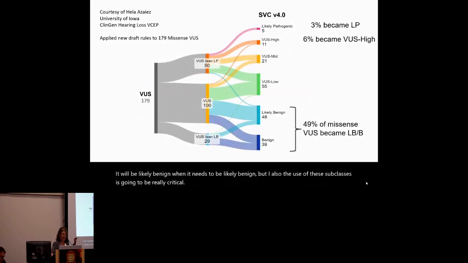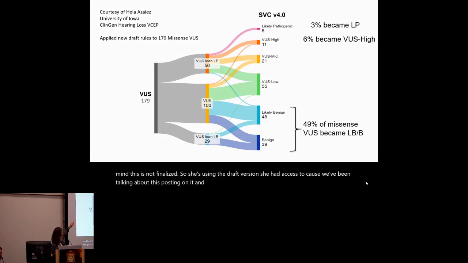And this is just a look at one of the members of the hearing loss expert panel who's taken 179 missense variants, all VUS, in her lab, and scored them on the draft framework. Keep in mind, this is not finalized, so she's using the draft version she had access to, because we've been talking about this and posting on it.